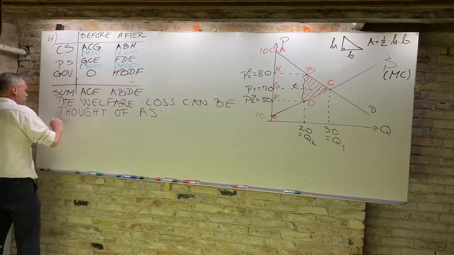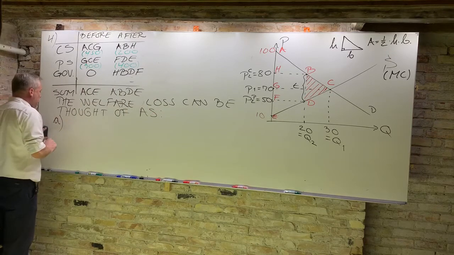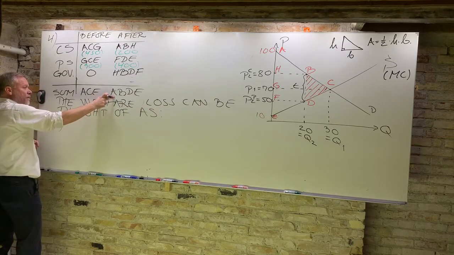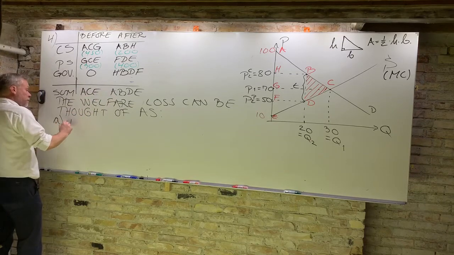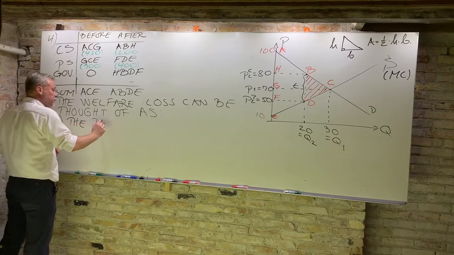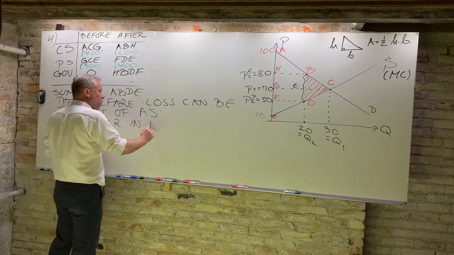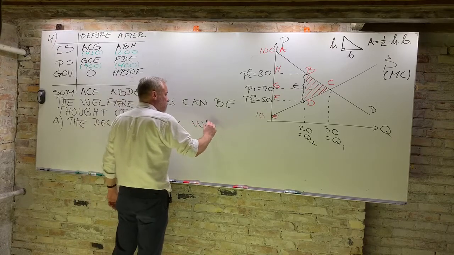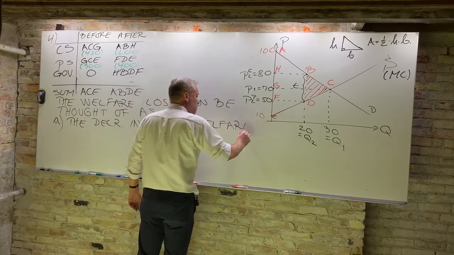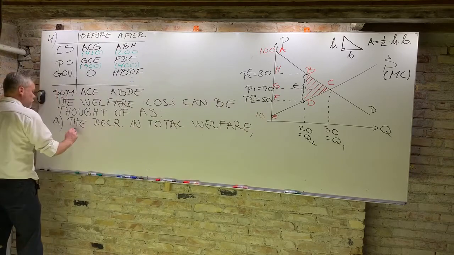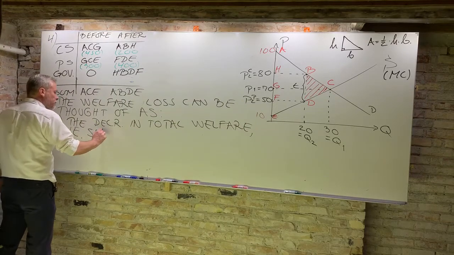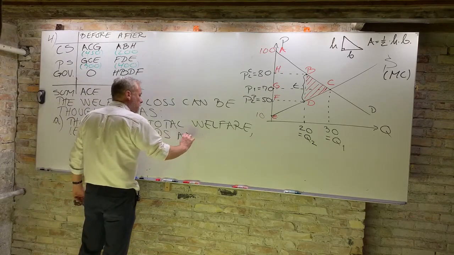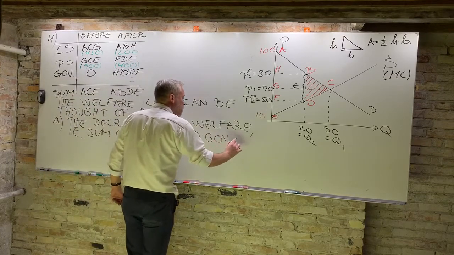as, and then we have two different ways of thinking about it. Either we can think about it as we have done up to now, in other words, as the decrease in total welfare, in other words, the sum of consumer surplus, producer surplus, and government revenue.